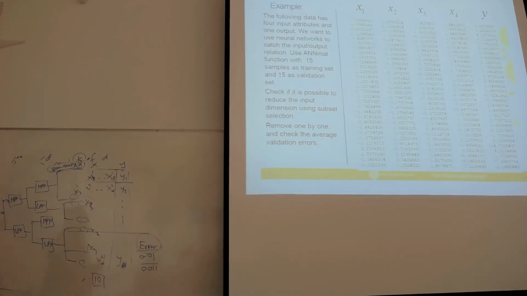Okay, we have this example now. I generated these numbers from x1 to x4 as input, and we have the output y. Then I used the artificial neural networks function which is already in the model. Those are 30 inputs, so we used 15 of them for training and the other 15 for validation.